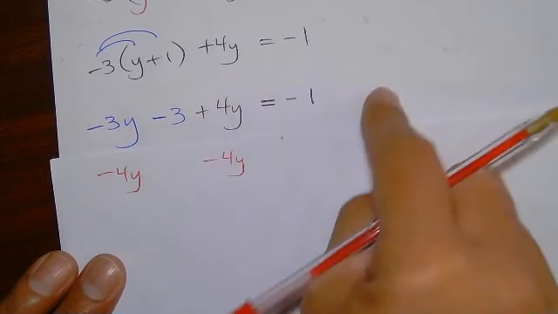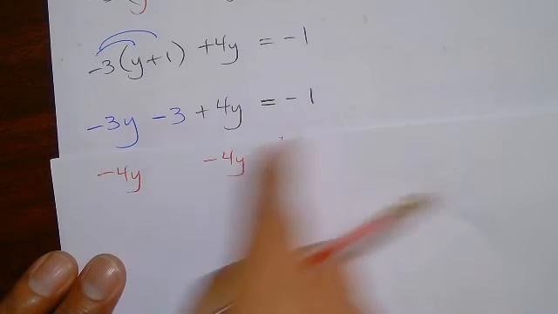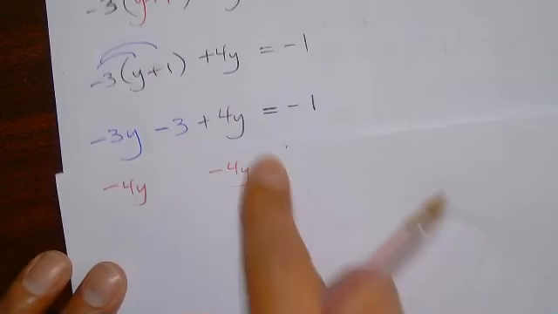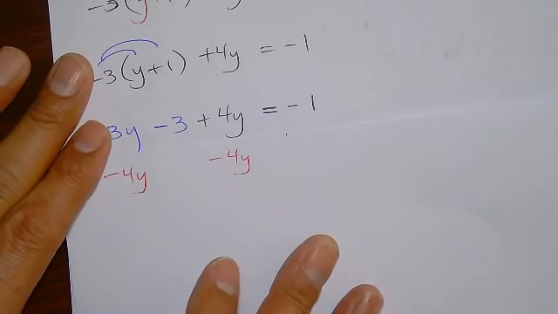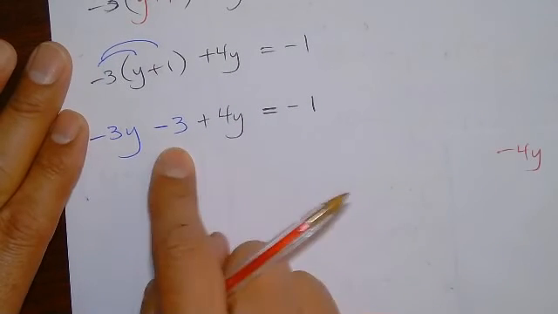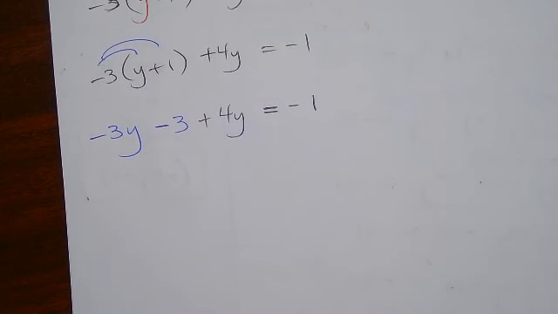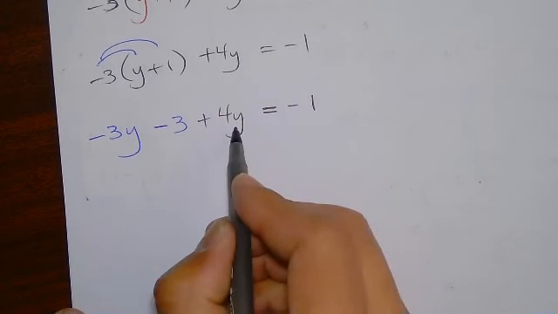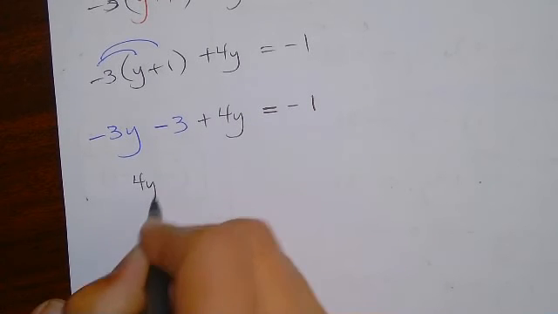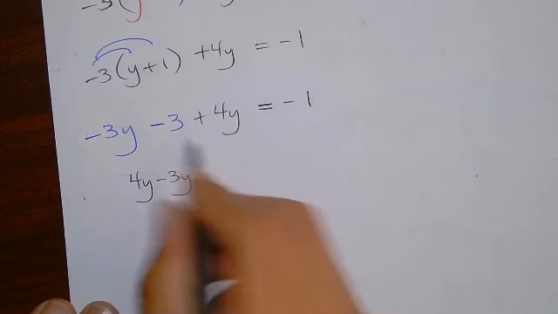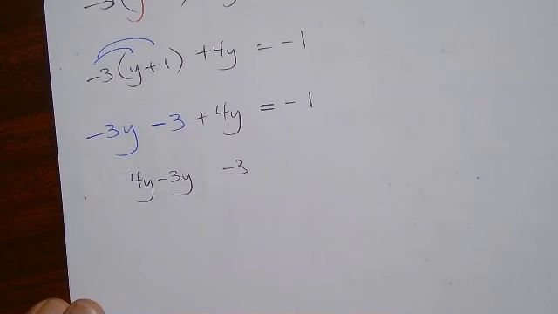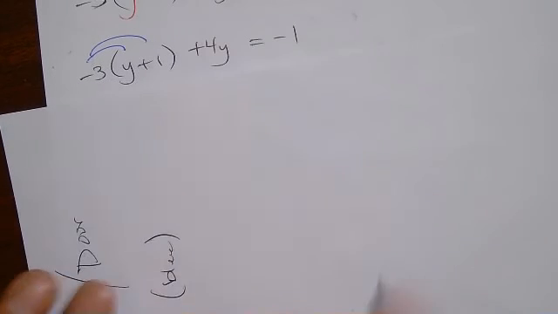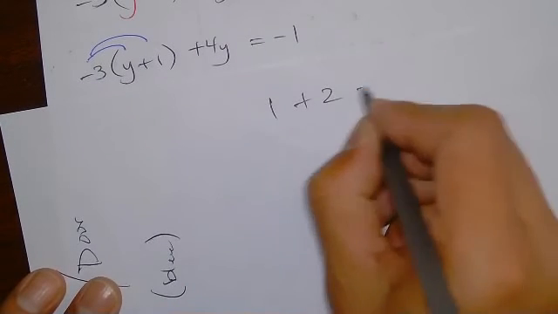What's going on there? Why is that not right? They're on the same side. If this y was on this side, then you move it. Then you do that business. But they're on the same side. You don't do that. They're on the same side. So really, is it okay if I write it like this? Is it okay if I write 4y, then -3y, then the -3? Is it okay if I write it like that?